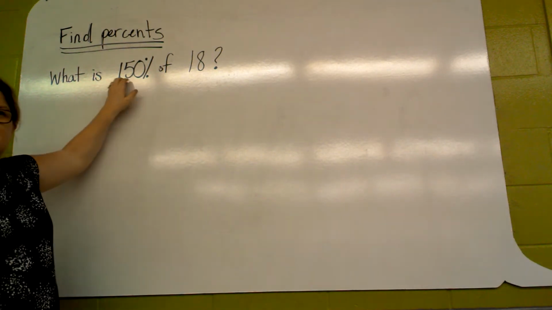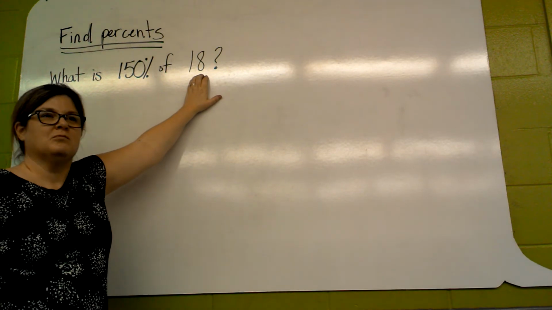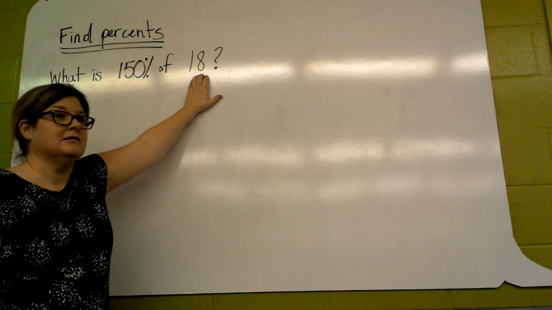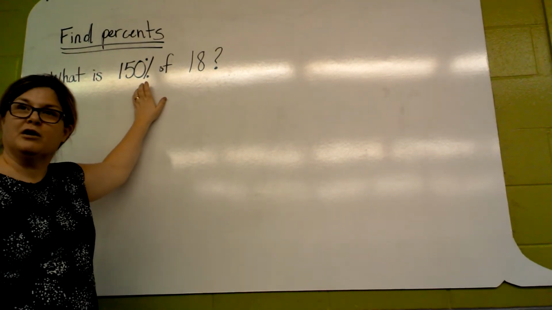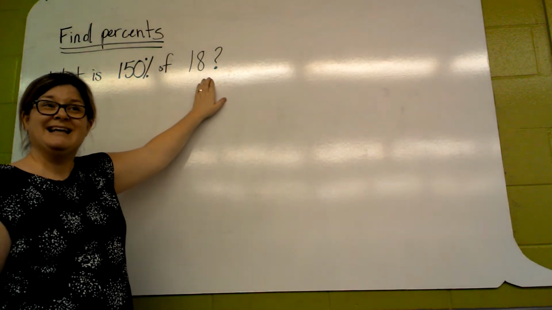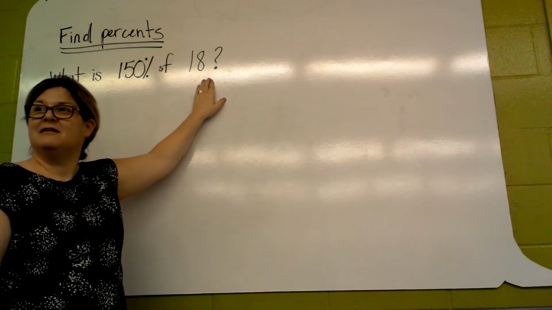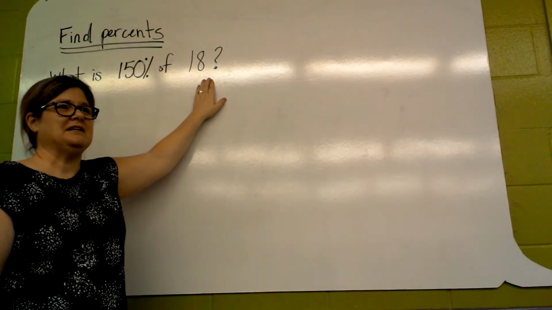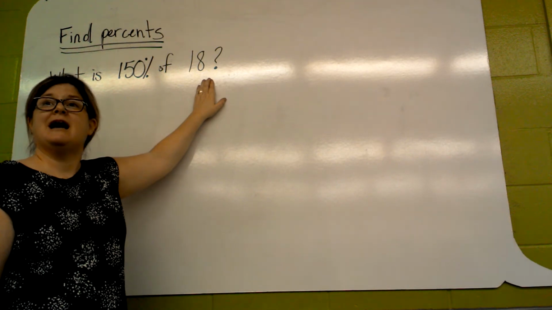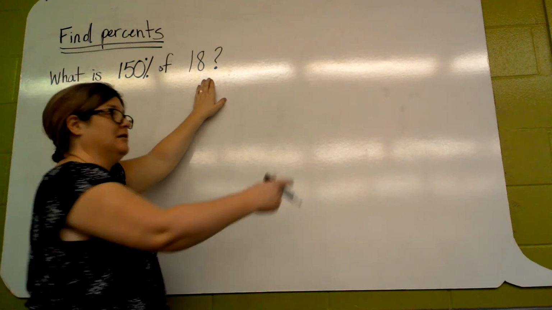What if you got 100% on this test and it's out of 18? What would you get? You would get 18. This kid got more than 100%. So our number has to be half again as big as 18. Does anyone know what half of 18 is? 9. What's half more than 18? 18 plus 9?